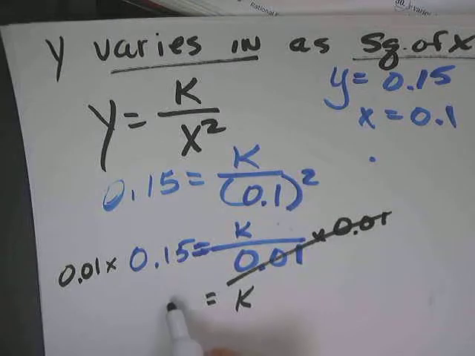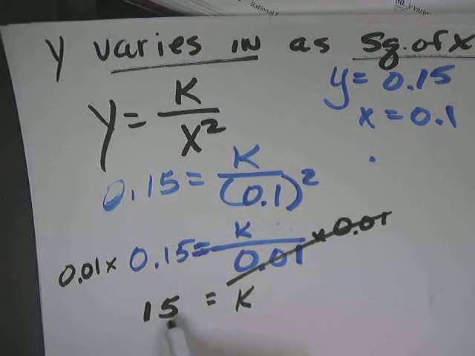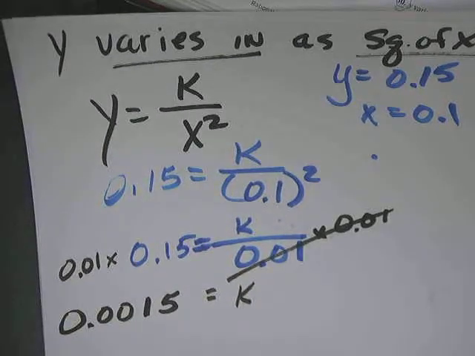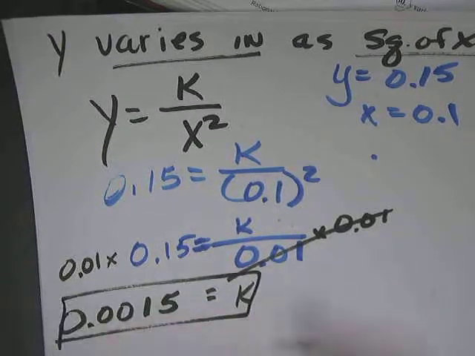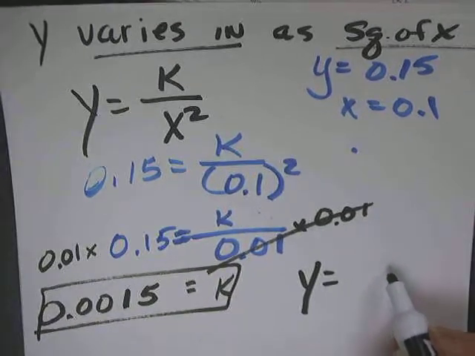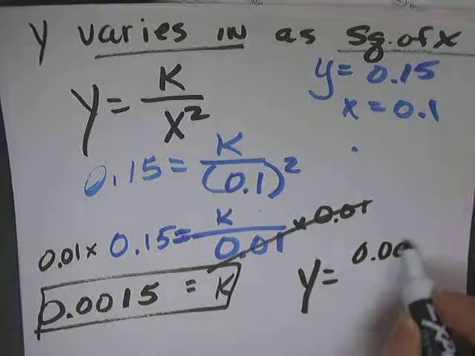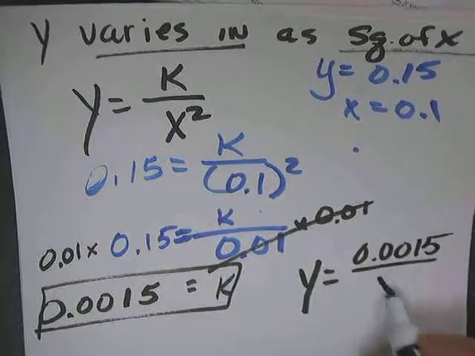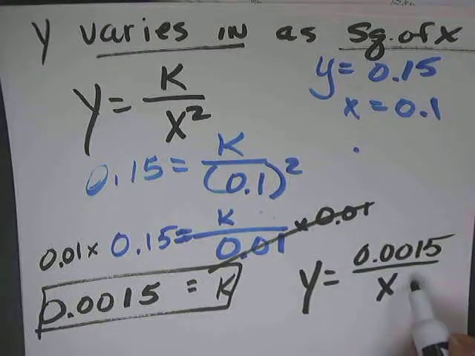So put 0.1 squared. So 0.15 is k over, what's 0.1 squared? 0.01. To solve that, multiply by 0.01.